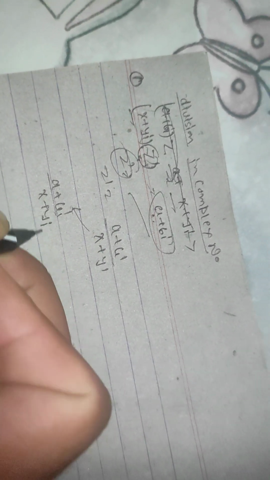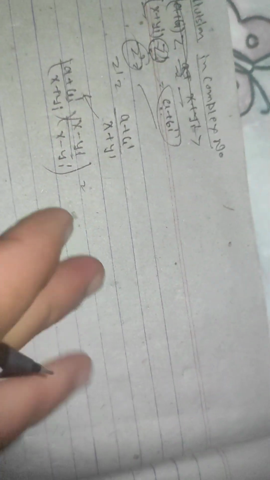Let's prove it. This is a plus bi over x plus yi. Multiply both sides by its conjugate, x minus yi.